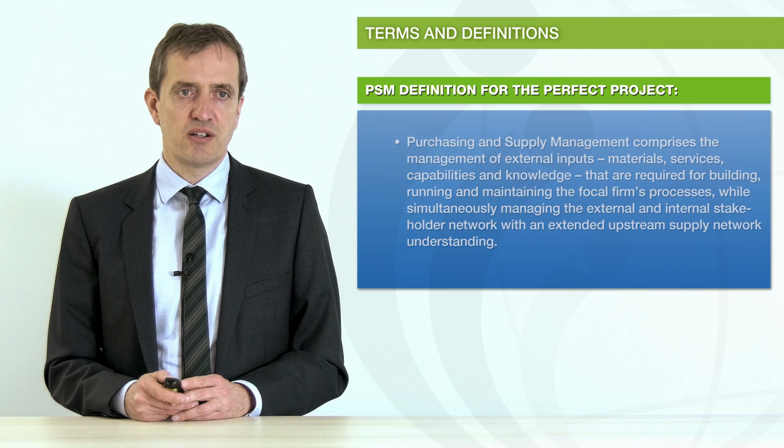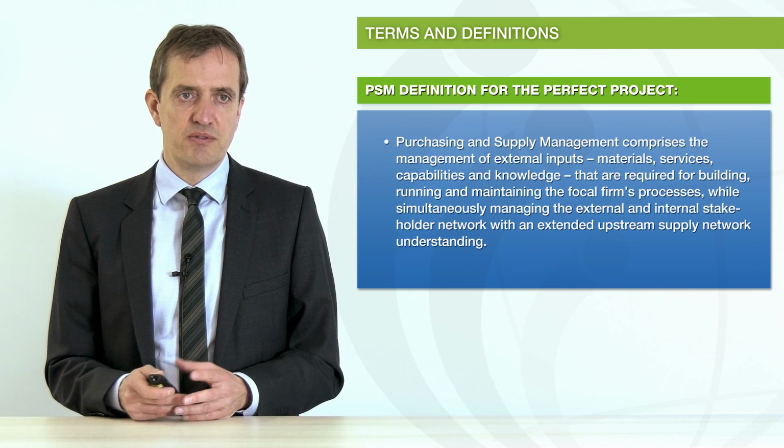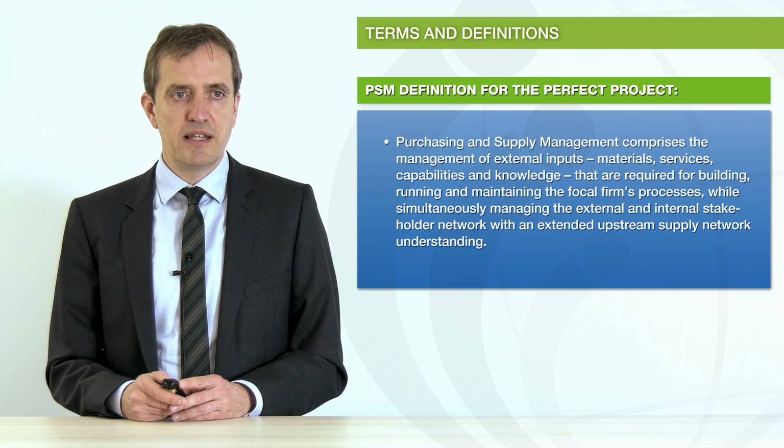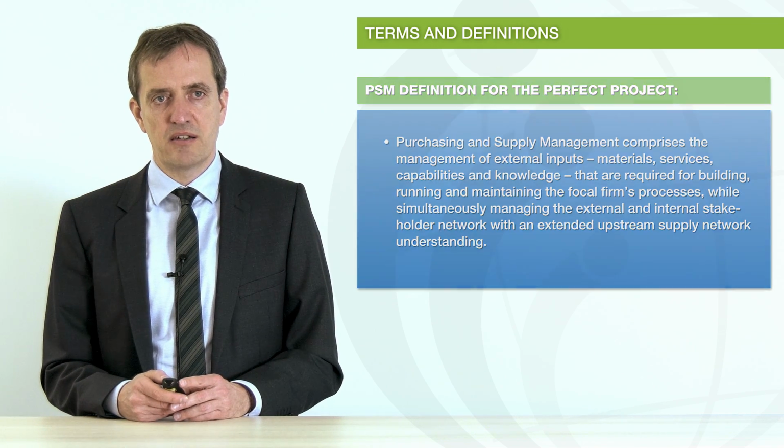Purchasing and supply management comprises the management of external inputs, materials, services, capabilities and knowledge that are required for building, running and maintaining the focal firm's processes, while simultaneously managing the external and internal stakeholder network with an extended upstream supply network understanding.